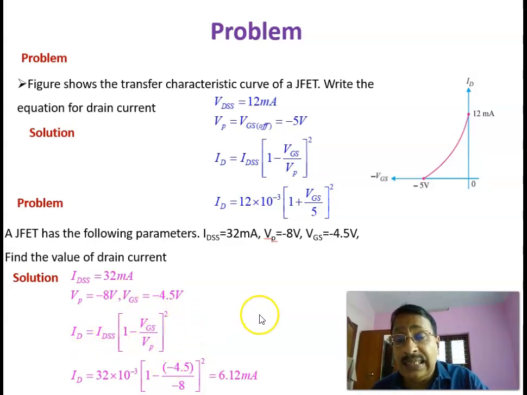IDSS is given as 32 milliamperes, VGS is -4.5 volt, and the pinch off voltage is -8 volt. Substituting, ID, the drain current corresponding to VGS of -4.5 volt, is 6.12 milliampere.